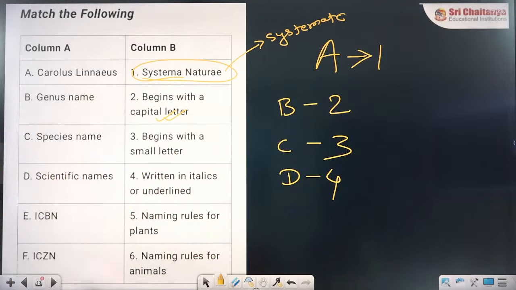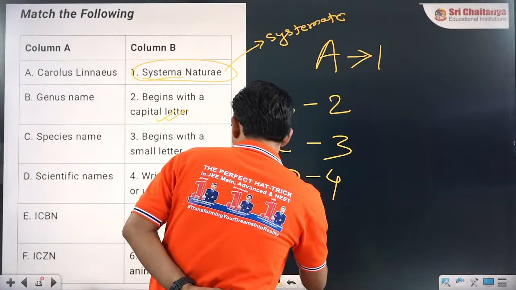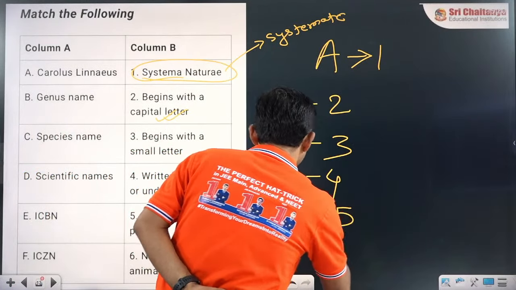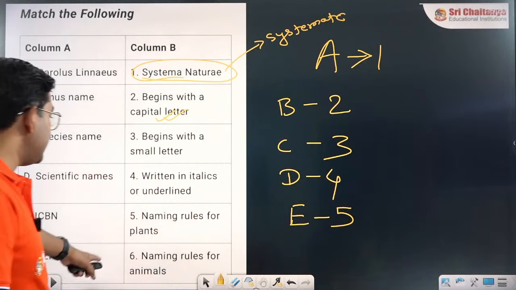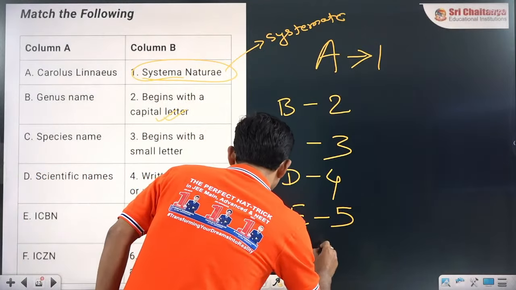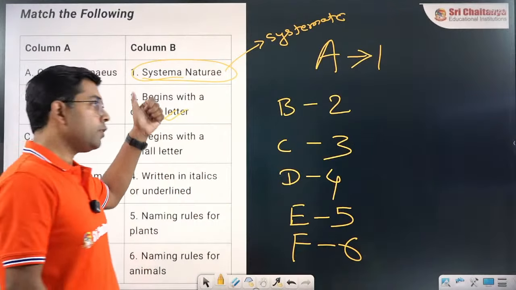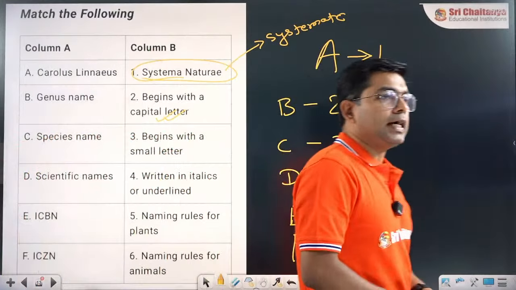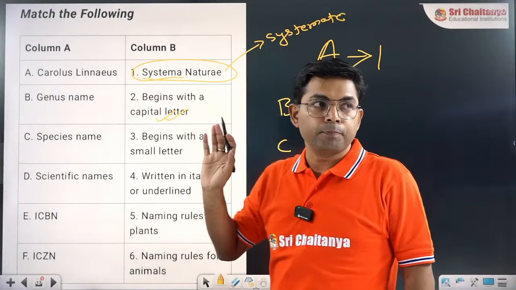ICBN, nomenclature of plants, so E will be 5. ICZN, so F will match with 6. So here it is simple. This kind of question is asked. This is a sample kind of question that will be asked.